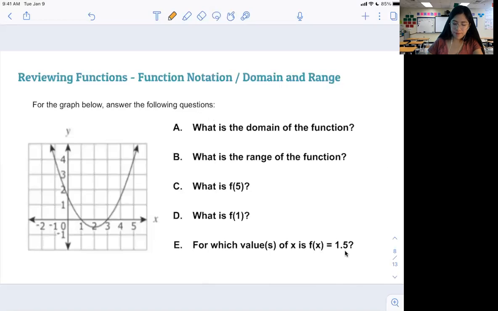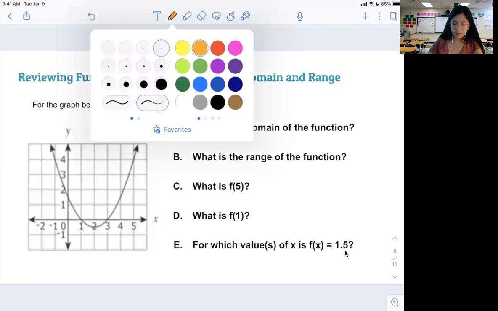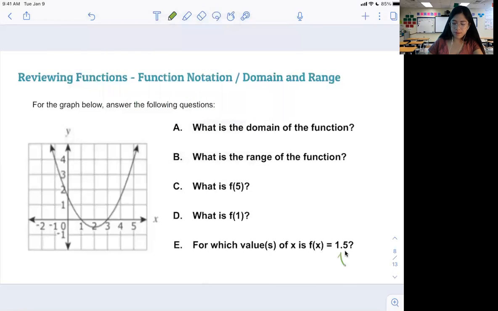So 1.5, input or output? Good, that's my output. And let's see. So when my output is 1.5, that's over here. What is the X value at that spot right there?